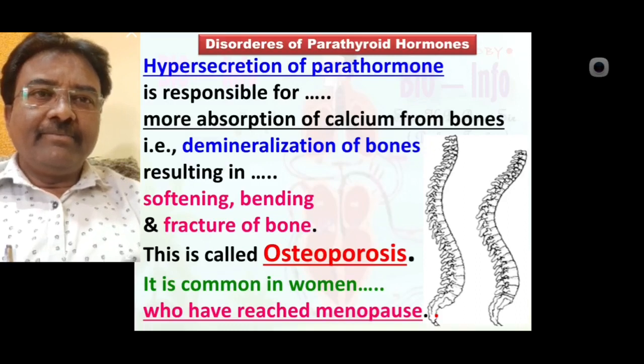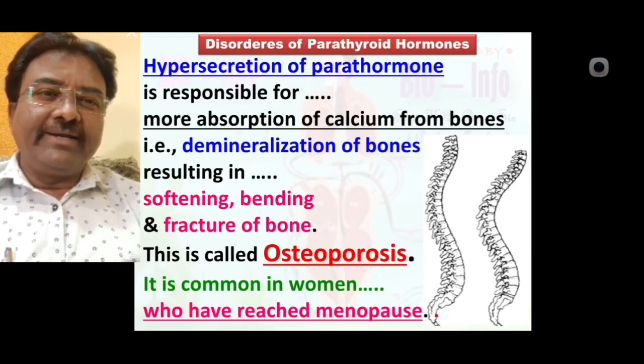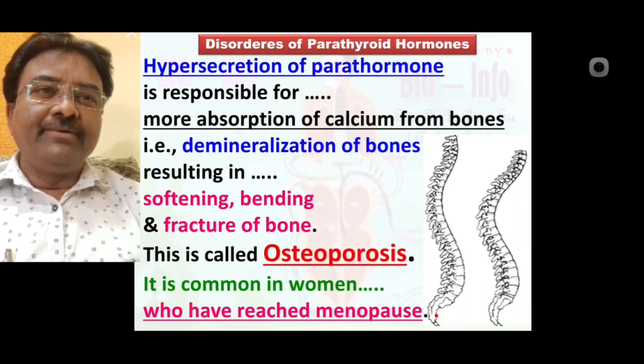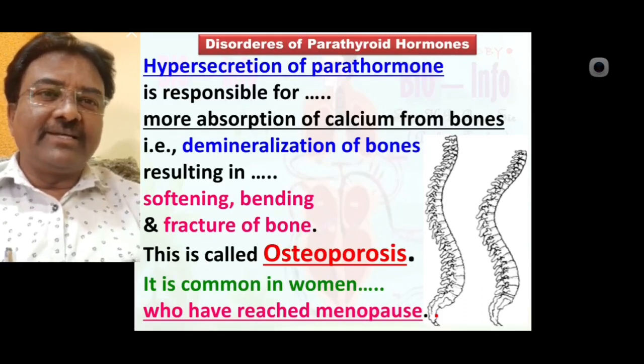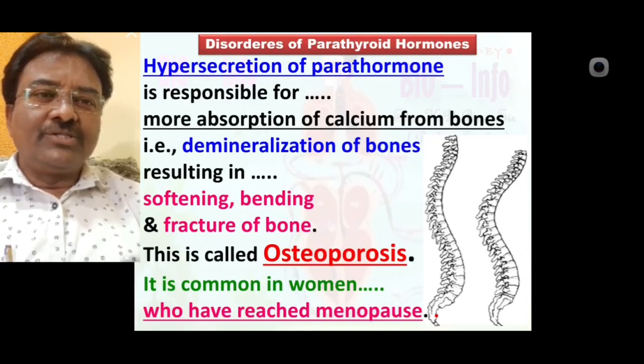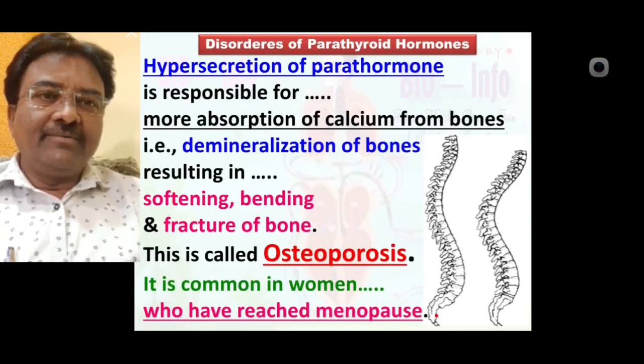If parathormone decreases, that is hyposecretion, it is responsible for parathyroid tetany or hypocalcemic tetany. If parathormone increases, hypersecretion, the osteoporosis disorder is created.